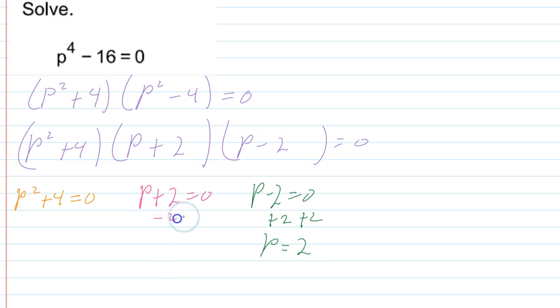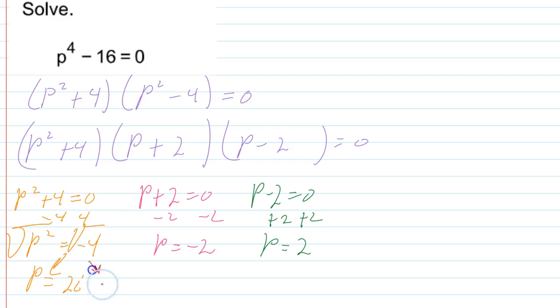For the middle one, we subtract 2 from both sides, giving me p is equal to negative 2. And for the first one, we're going to subtract 4 from both sides, giving me p squared is equal to negative 4. But I'm not done because there's a square, which means I have to square root both sides. That gives me p is equal to a positive 2i, and p is equal to a negative 2i.